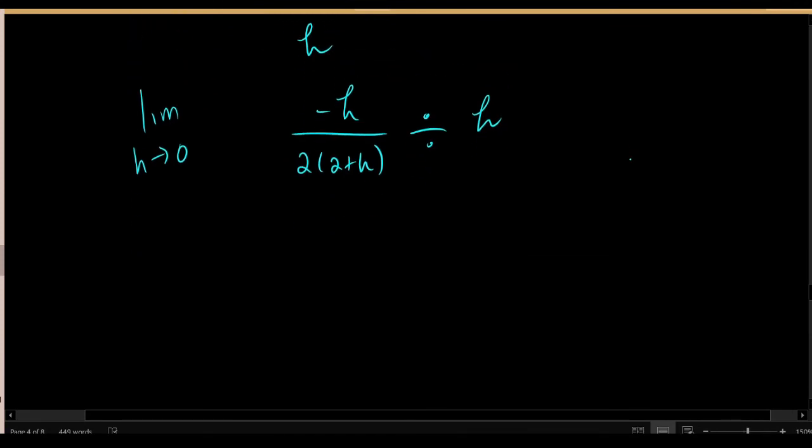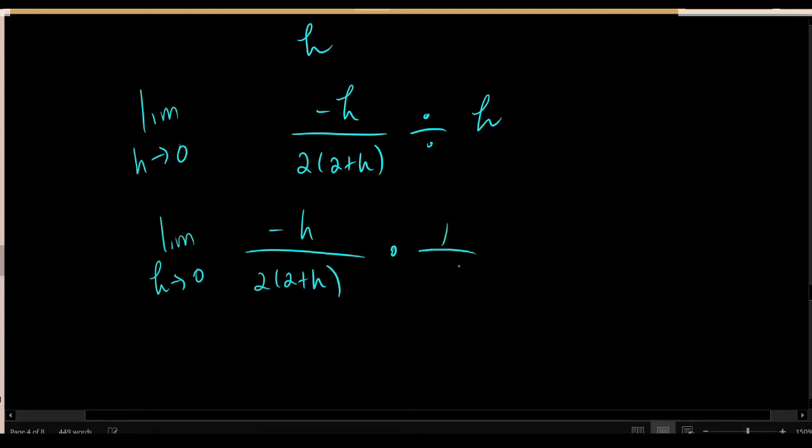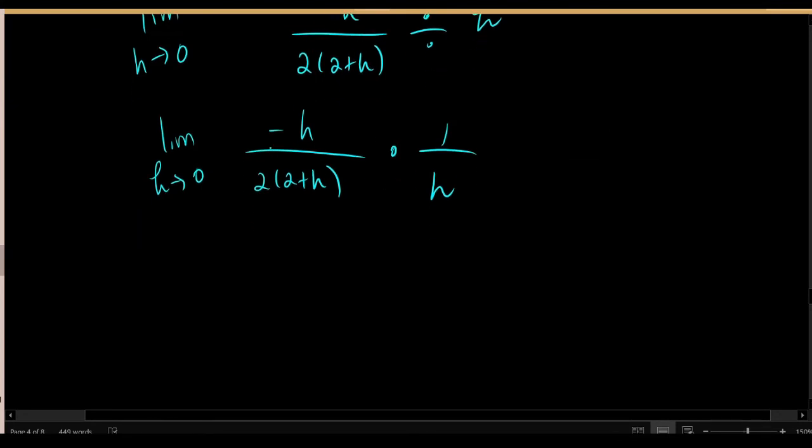One of the nice things that happens when you divide fractions is that instead of dividing by a fraction, you can multiply by the reciprocal. So instead of dividing by h, I'll multiply by 1 over h, which gives me two h's that I can cross-cancel.